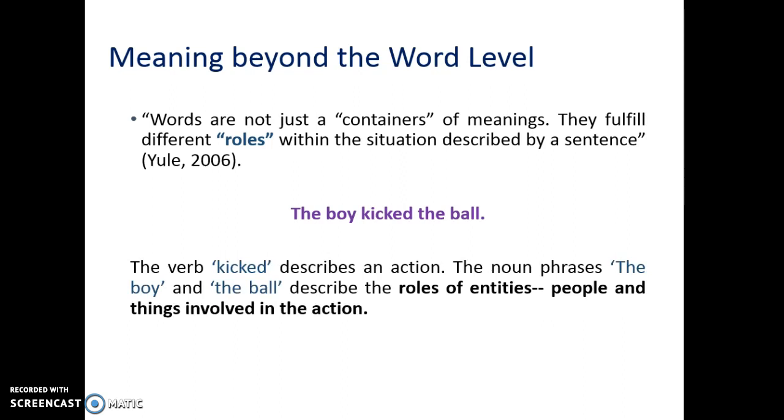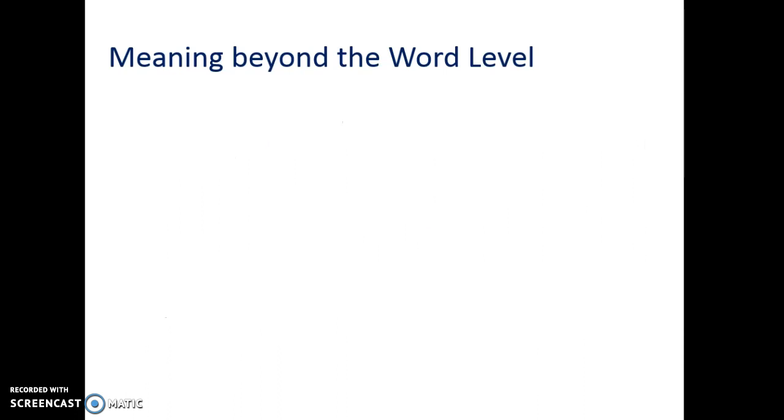The verb kicked describes an action. The noun phrases, the boy and the ball, describe the roles of entities, people and things. Both entities are involved in the action of kicking.